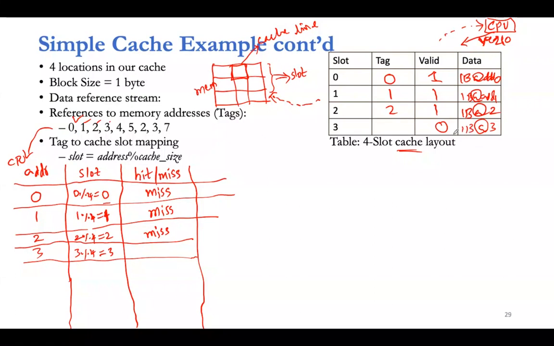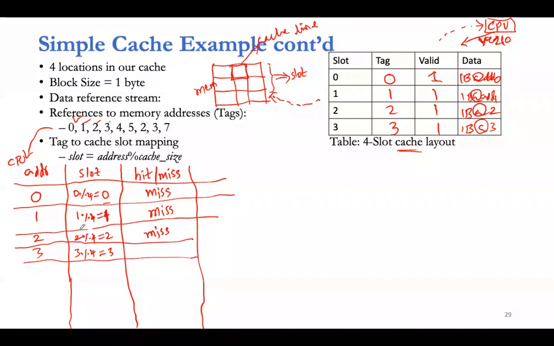Once it is updated, the valid bit will be updated from invalid to valid, as 1, and then the tag address will be updated as 3, because the cache line address is 3.